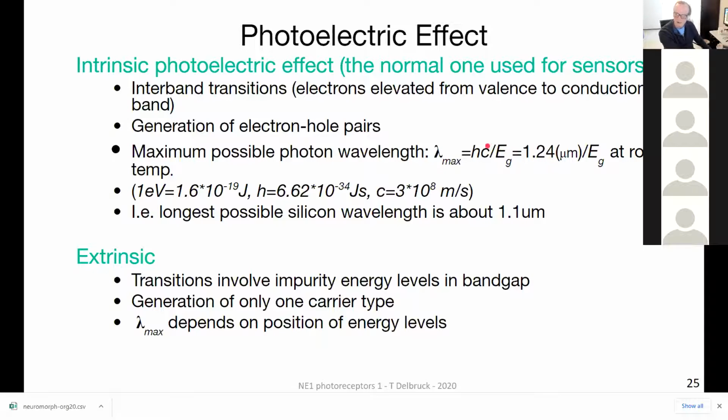No, the wavelength. This is not correct, I think. 1.24 microns. Yeah, so the longest wavelength of photon that could actually make an electron hole pair is 1.24 microns. But we're going to talk about why it actually doesn't work with such a thing in a minute. Okay, yeah, so the longest possible wavelength is 1.1 microns. That's what I thought.